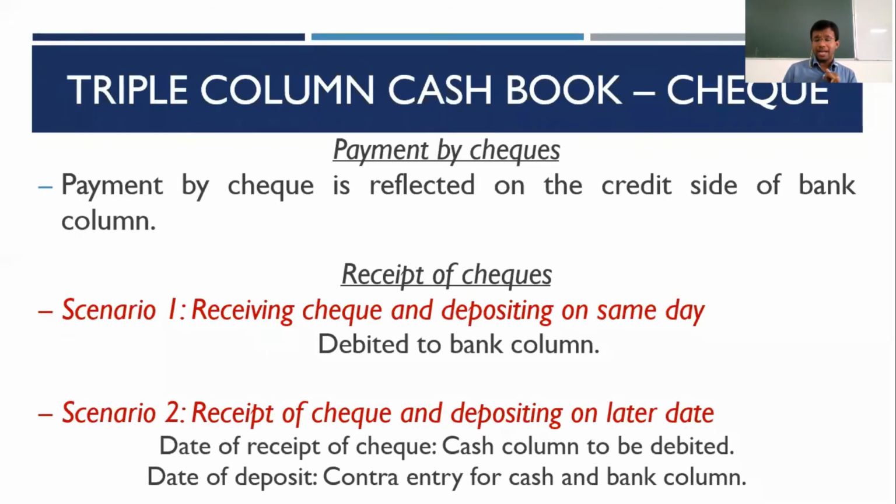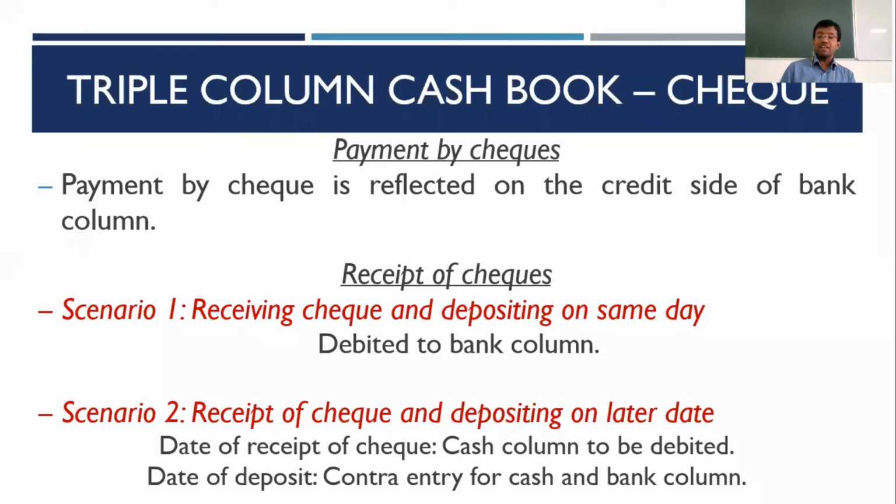So in triple column cash book, please remember there is a difference with respect to treatment of check transactions. Any payment by checks, you would be reflecting on the credit side of the bank column. For any receipt of check, we have two scenarios. Scenario one, you receive the check, deposit on the same day, debit bank column.